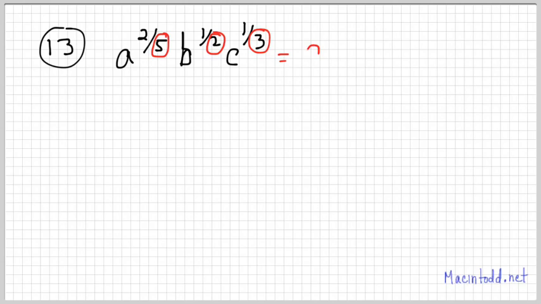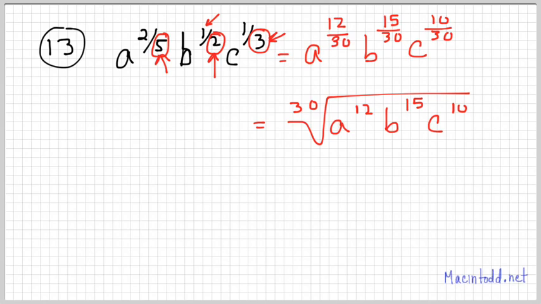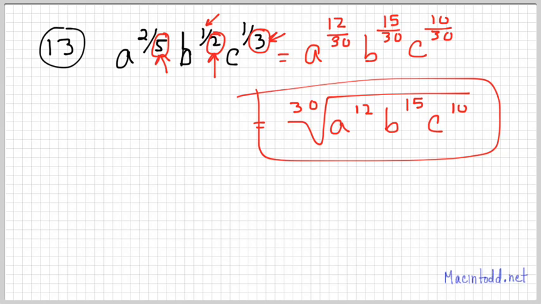And so if I blow each fraction up so the denominator is 30, I'd have to take this 5 times a 6, so I have to take the 2 times a 6. I have to take the 2 here times a 15, so I take the 1 times a 15, that's still a half. And I have to take the 3 here times a 10 to get 30, so I take the 1 times a 10 also. And so my answer as a single radical is the 30th root of a to the 12th, b to the 15th, c to the 10th.